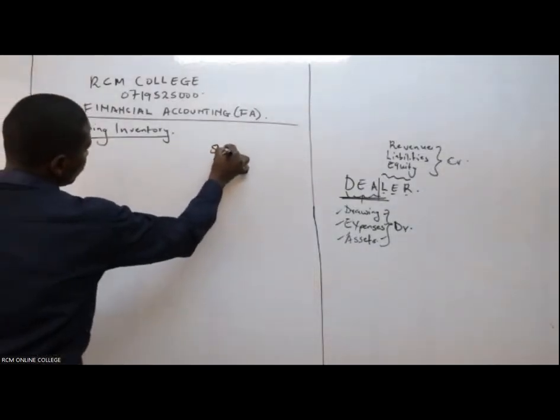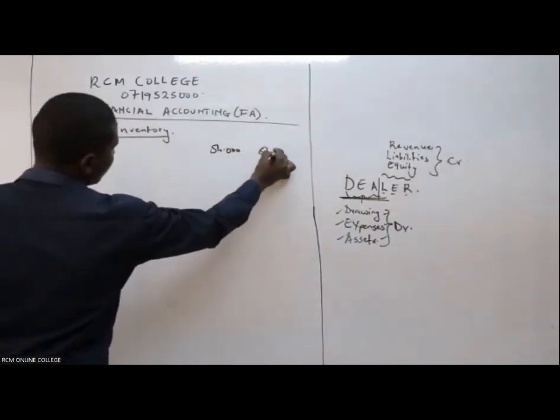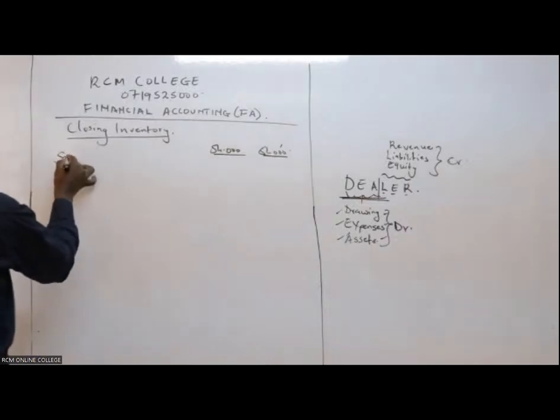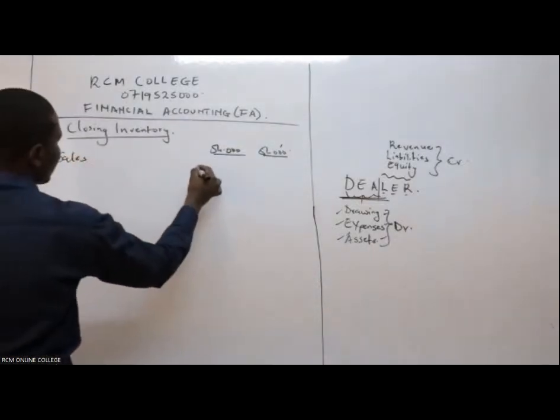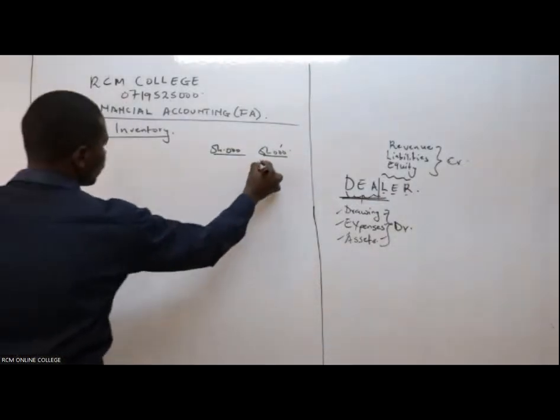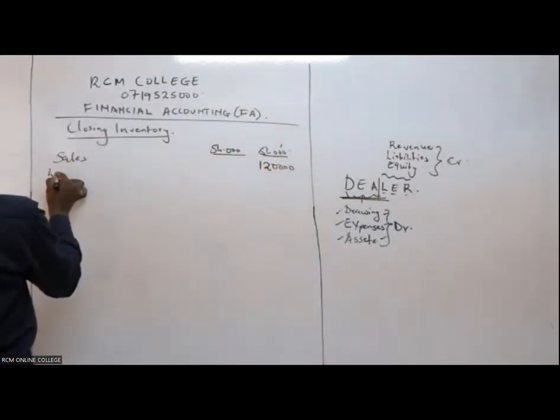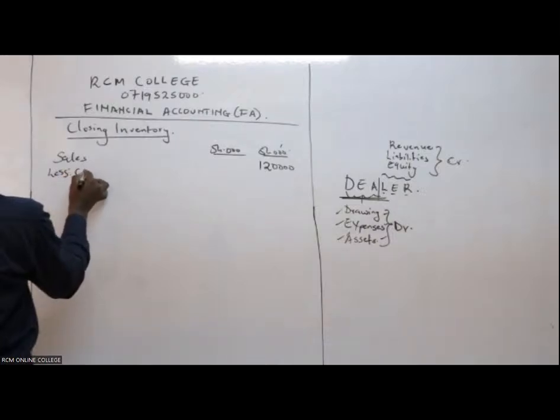So shillings are in thousands here. We start with the sales, and our sales here is 120,000. We less cost of sale.